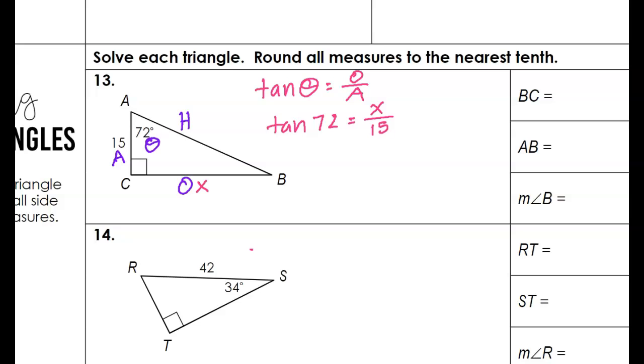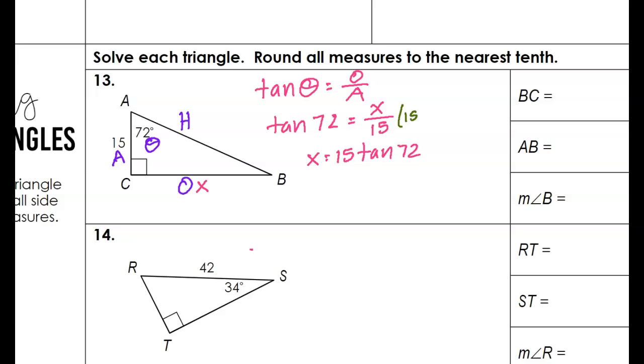To get rid of the 15 as the denominator, we're just multiplying both sides by 15. Anytime x is in the numerator, you're multiplying the function times the denominator there, 15. So x is going to be 15 times tan of 72.